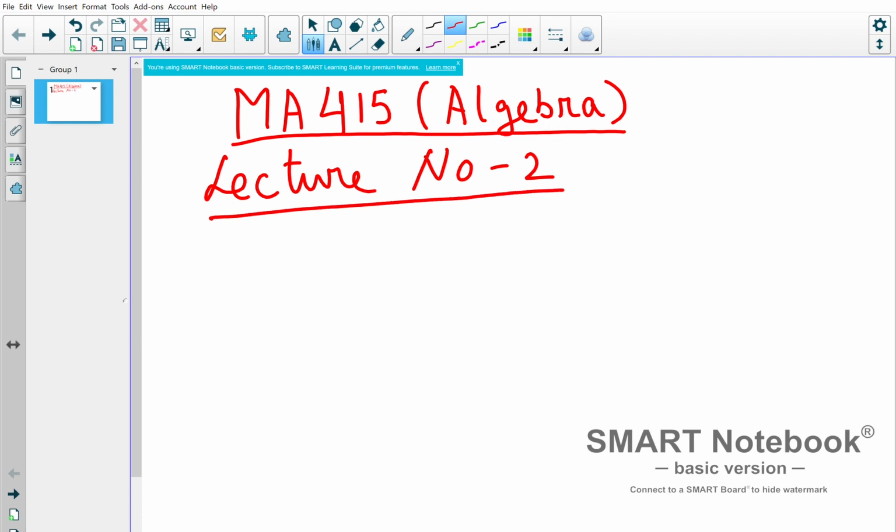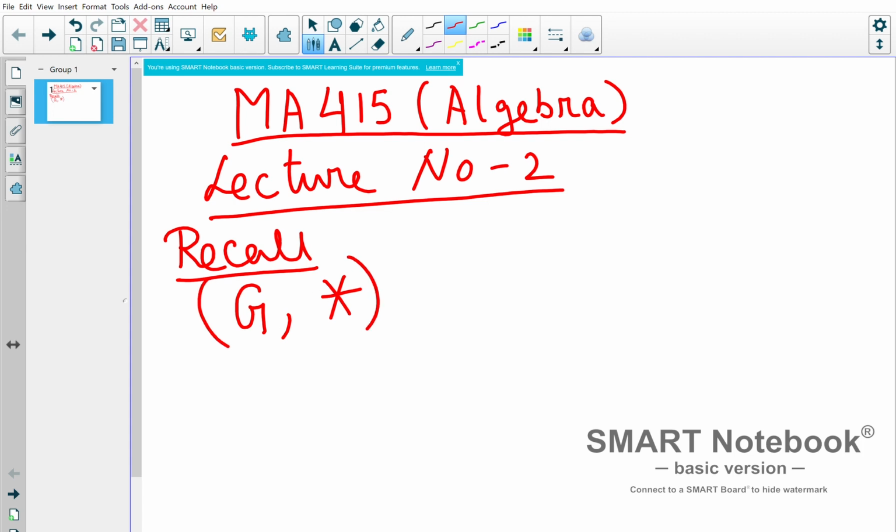Okay, so today we recall that we discussed groups in our last talk. Recall, how do we define groups? We have a non-empty set G along with a map, star, from G cross G to G, and it satisfies three properties.